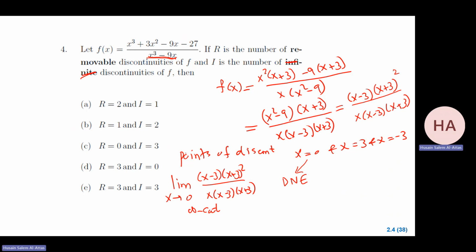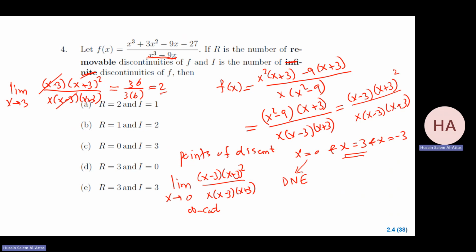For x equals 3, what will happen? What is the limit as x goes to 3? This factor will be cancelled. Substitute, and I'm getting a number: 36 over 3 times 6, which is 2.